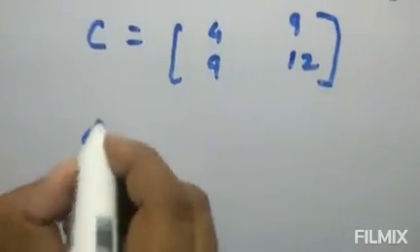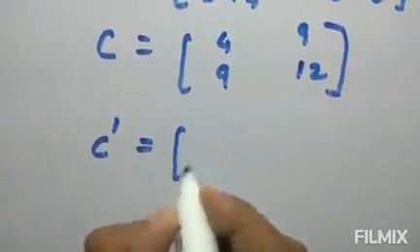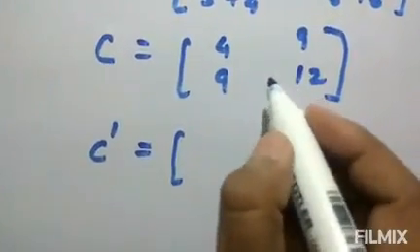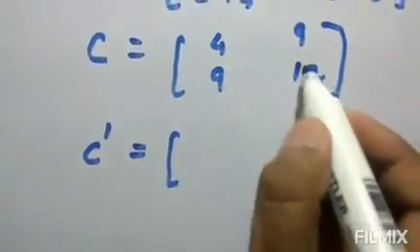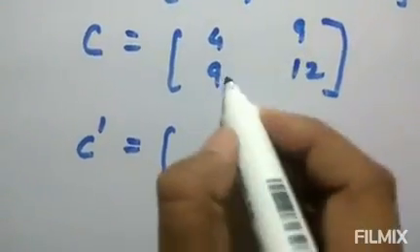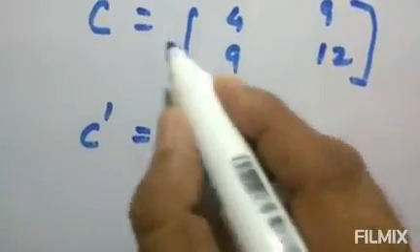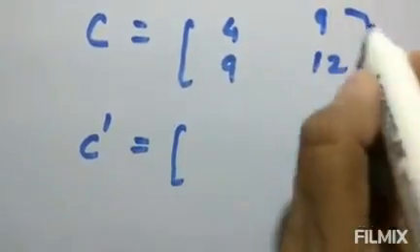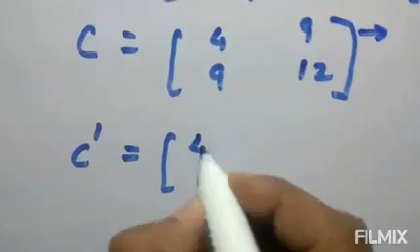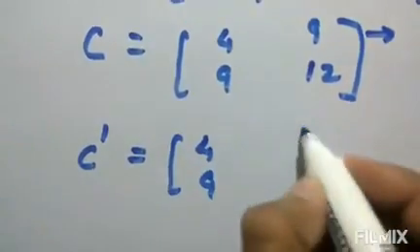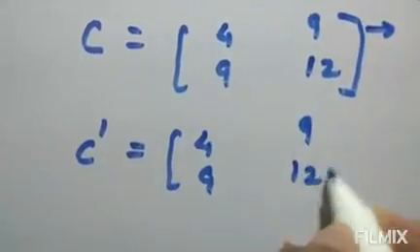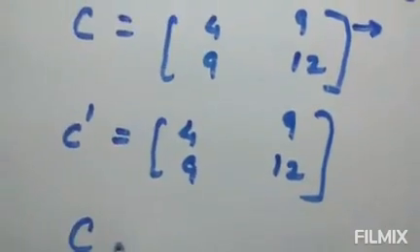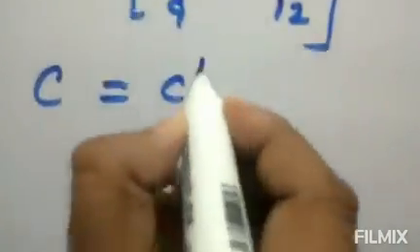So C dash equals to, again converting, transpose means if we convert rows into columns or columns into rows, then in both cases C and C dash are equal. Suppose here, taking the first row, 4 9, second row 9 and 12. In both cases C equals to C dash.